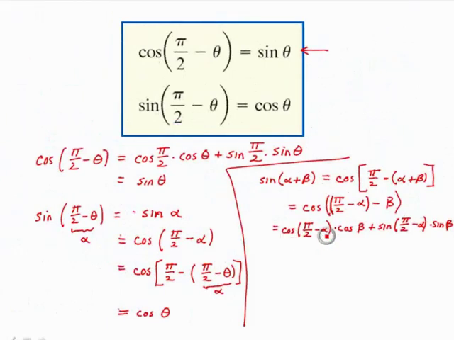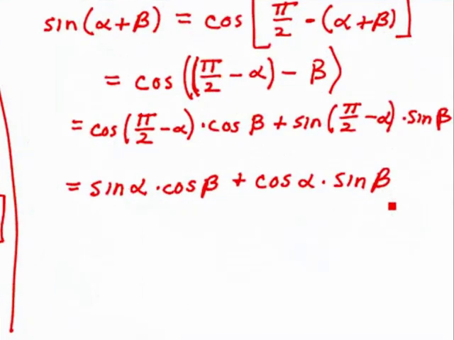Now the cosine of pi over 2 minus alpha is going to be the sine of alpha times the cosine of beta. The sine of pi over 2 minus alpha is going to be the cosine of alpha. And then the sine of beta. So now we have that the sine of alpha plus beta is the sine of alpha times the cosine of beta plus the cosine of alpha times the sine of beta.